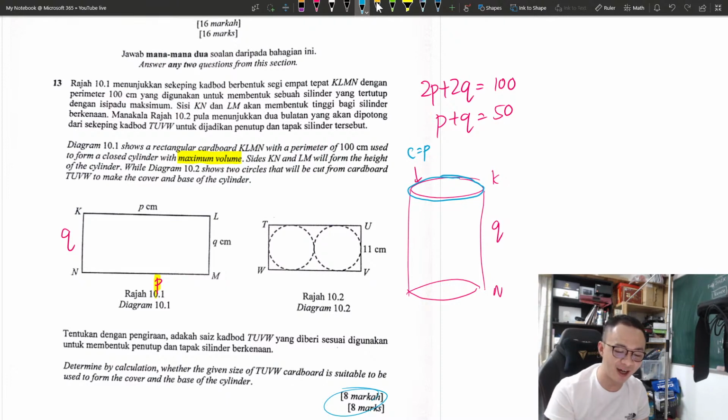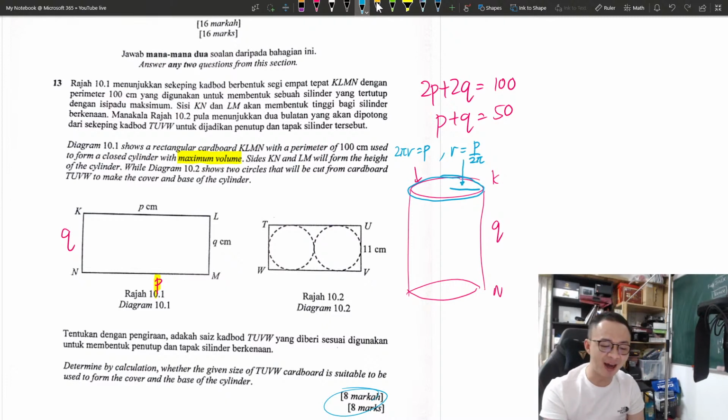So in order to find the R, I know circumference is 2 pi R, isn't it? So therefore, 2 pi R equals P. Then my R is basically P divided by 2 pi. So P over 2 pi will be my radius. So I got my radius now.